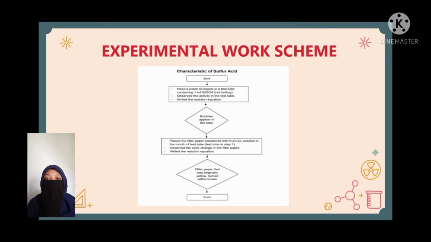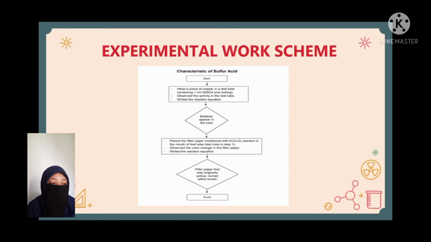Okay, experimental work scheme: characteristics of sulfuric acid. Start: add a pinch of copper in a test tube containing 1 ml H2SO4, not boiling. Next, observe the activity in the test tube. Next, write the reaction equation. Bubbles appear in the tube.